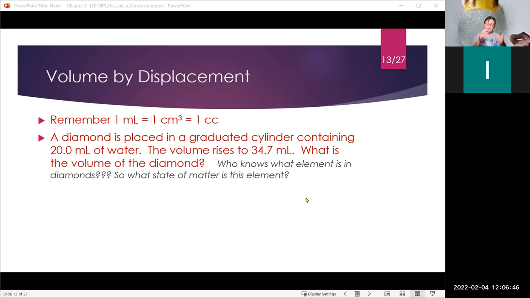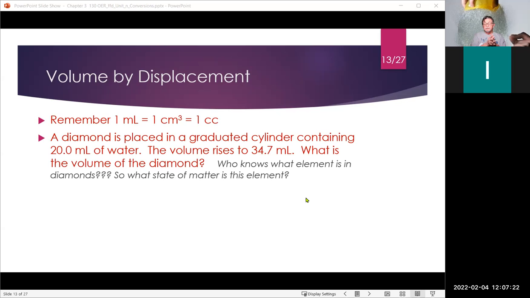Now, when a chunk of matter has a nice uniform shape, rectangular or square, we can readily measure its volume: length times width times height gives us the volume. That's where we get cubic centimeters. 1 centimeter times 1 centimeter times 1 centimeter gives us 1 cubic centimeter, which happens to be equivalent to 1 milliliter. So 1,000 cubic centimeters would be equal to 1,000 milliliters, which is equal to 1 liter. Okay.